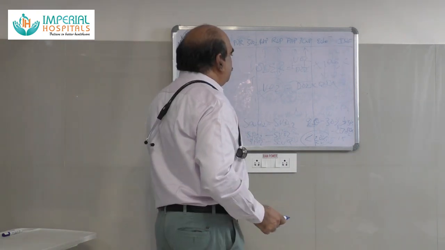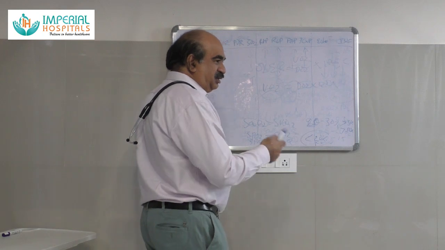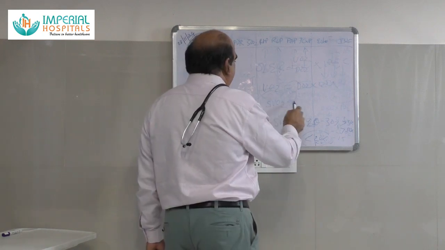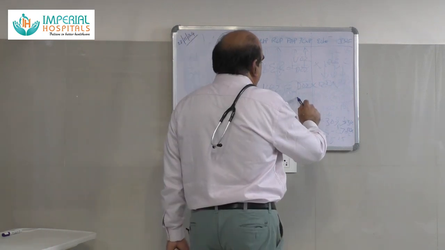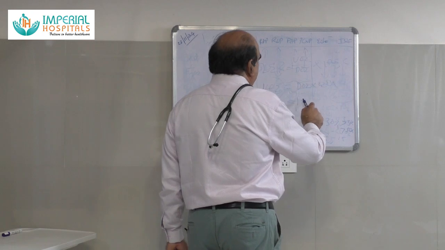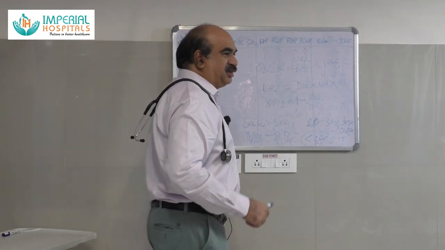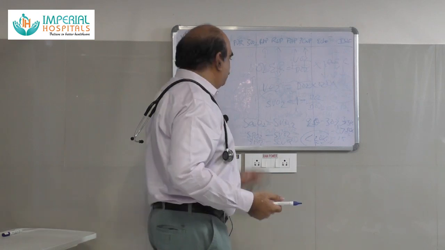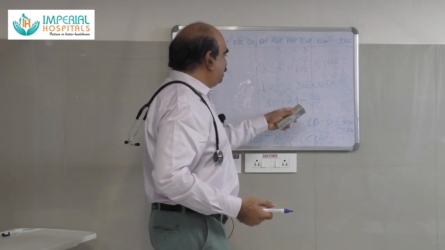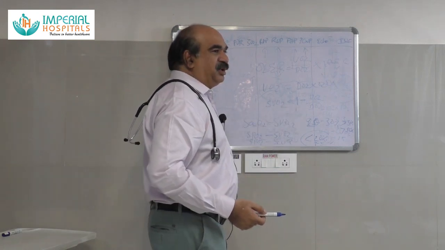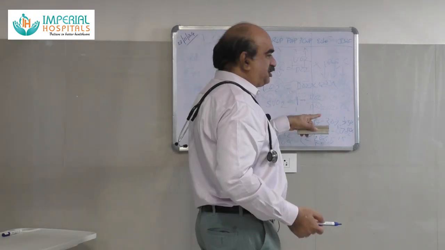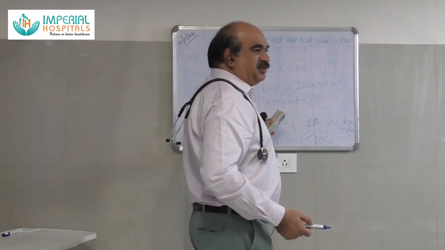So here VO2 is DO2 into the oxygen extraction ratio, and we are interested in SvO2. We can derive an equation: O2 ER is SaO2 minus SvO2, so SvO2 is 1 minus O2 ER. Another equation: SvO2 is 1 minus VO2 by DO2. So if VO2 increases, SvO2 decreases.